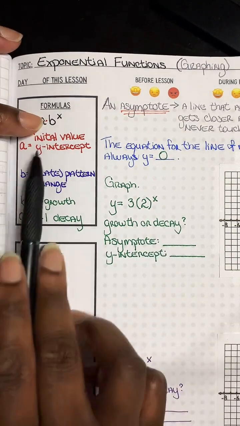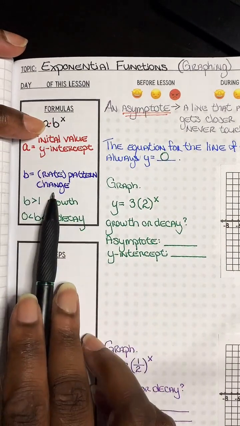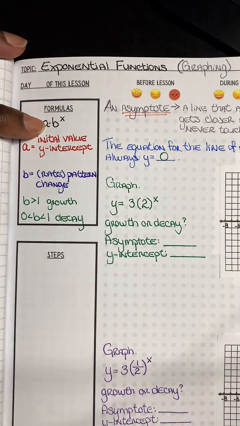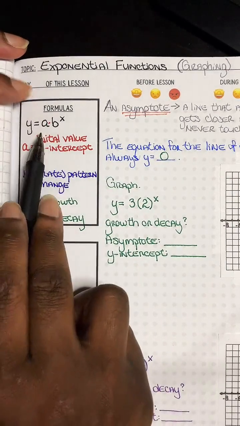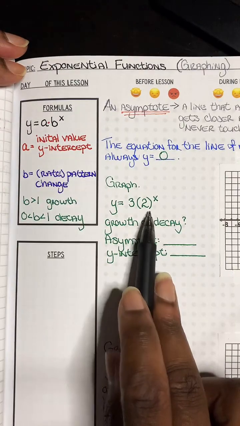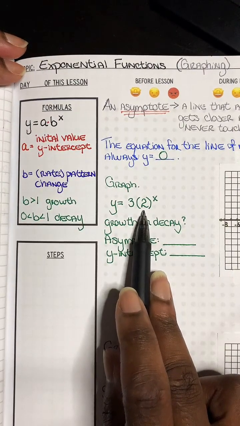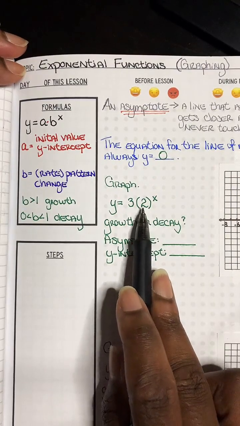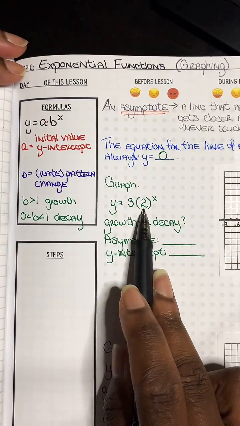Based off of our information here, I'm going to look at the b's. I want to know what the b's are doing. If you notice, I have a times b raised to the x. So the b is your second number, which is inside the parentheses in this case. So our b is a 2.